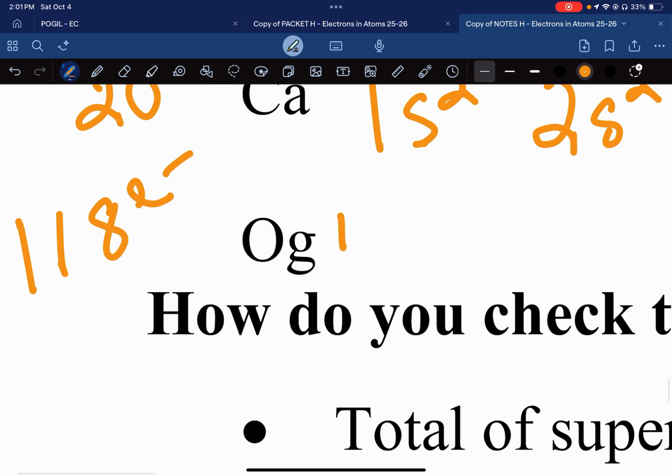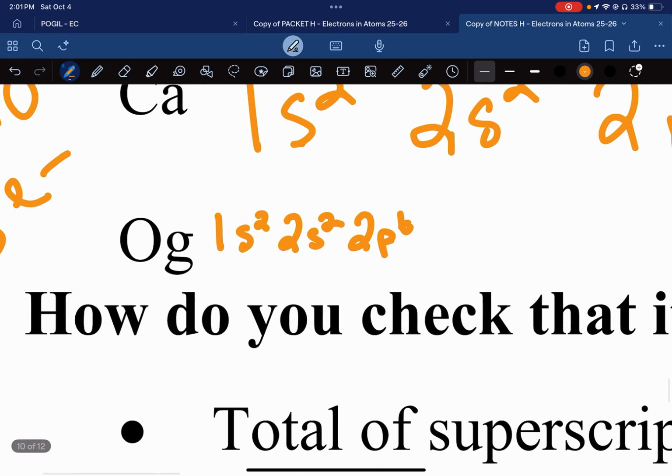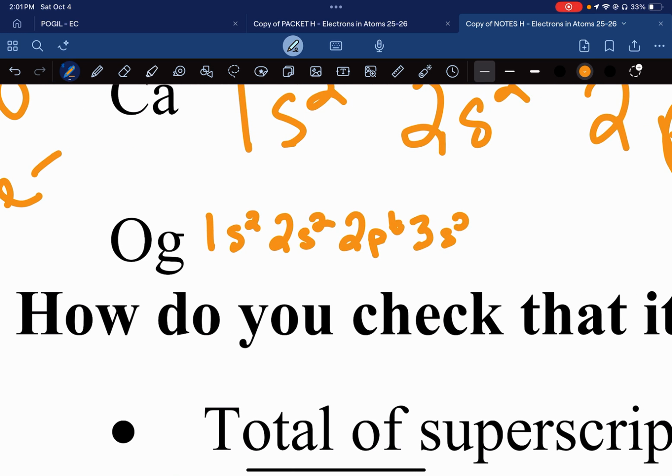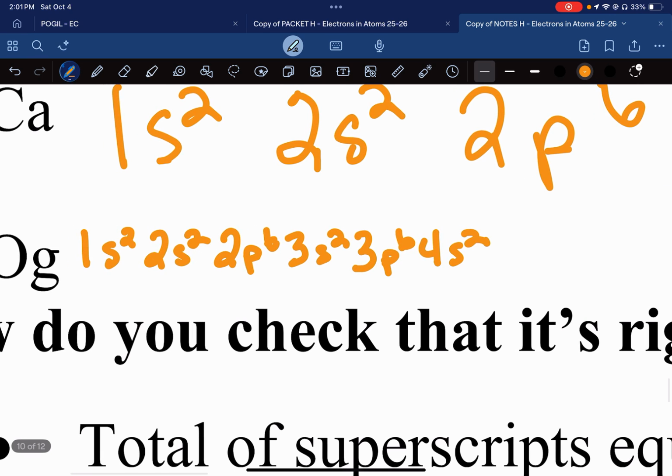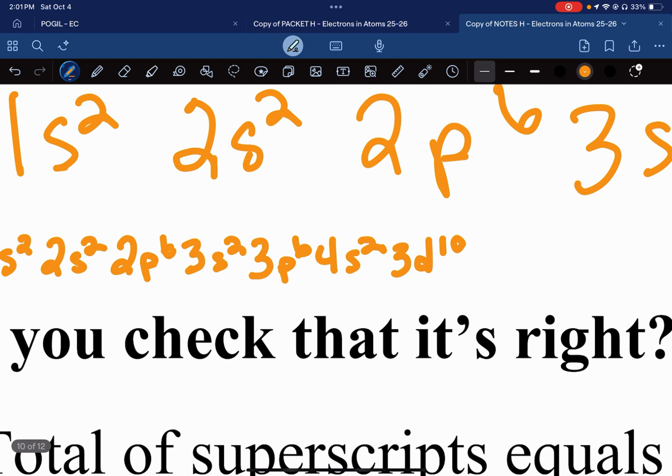Okay, so we're going to have 1s2 and then 2s2, 2p6, 3s2, 3p6, and then 4s2, then 3d10. Okay, because now we're in that transition metal area. Then we go back to the fourth level, 4p6, 5s2.